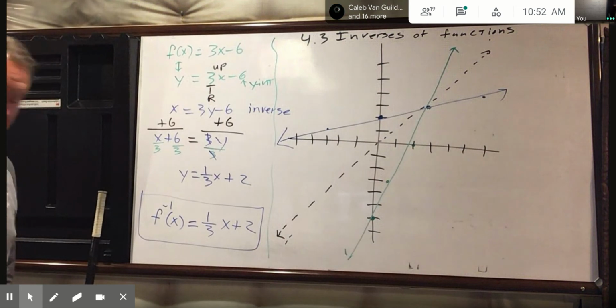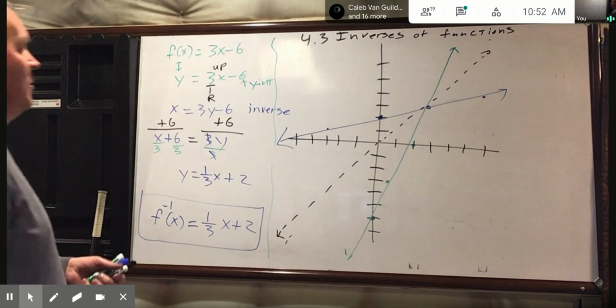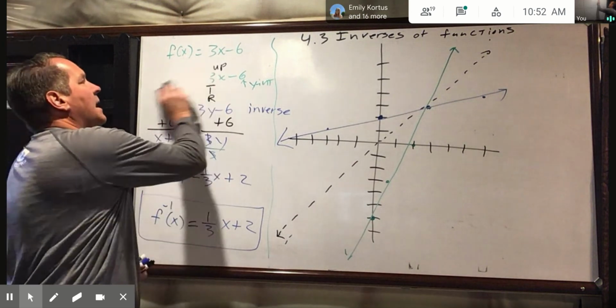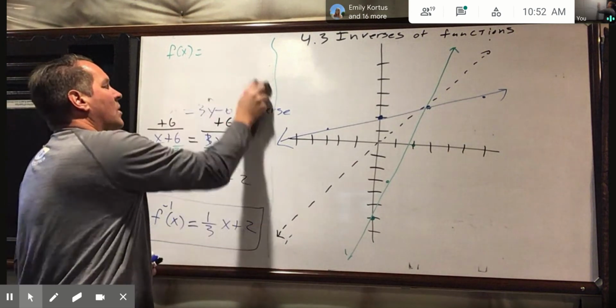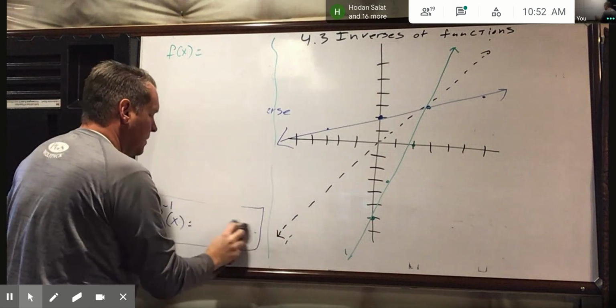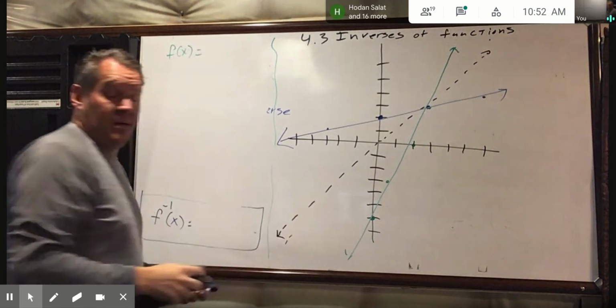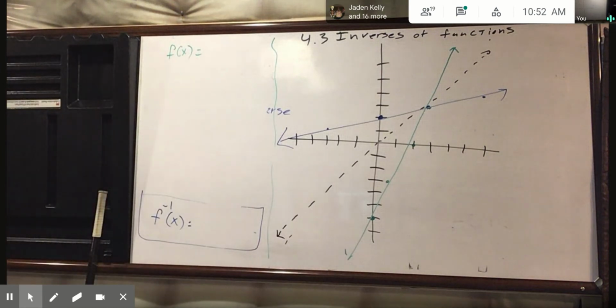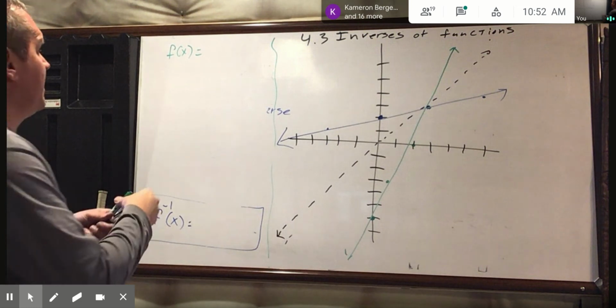All right, last problem of the day. This next one's got a fraction in it, so it's a little bit more difficult. So I'm going to work my way through this problem with you. All right, here's the function. It is f of x equals negative 2/3 x plus 4.